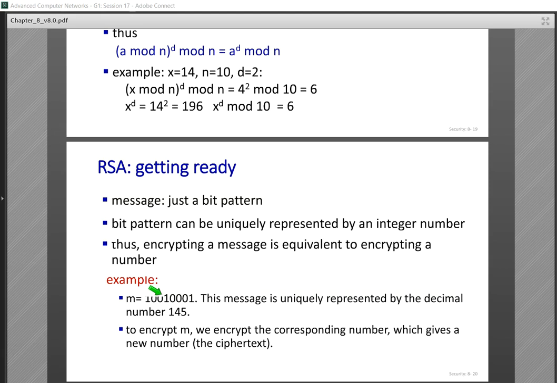I want to send this information. This number here is equal to 145. The message is presented in binary and in decimal. The value of the message is 145. And in an example, I want to show you how RSA works.